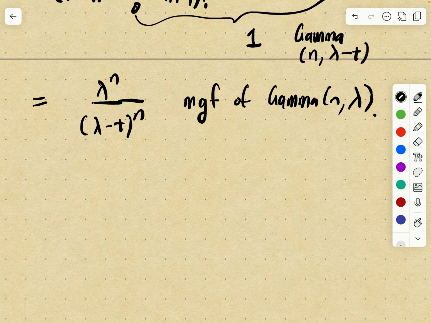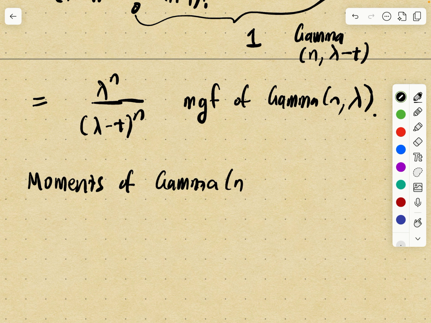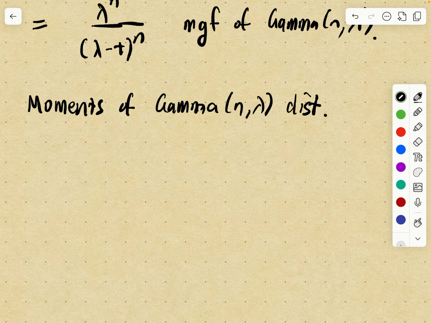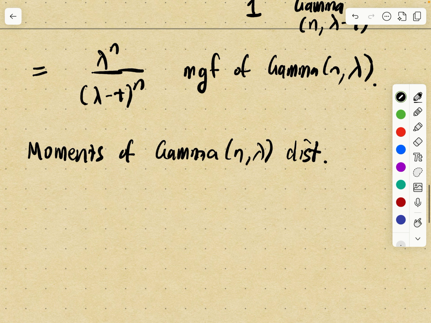Okay, now let's calculate the moments of the gamma distribution. Then we will get the moments of the exponential distribution by setting n equal to 1. Let's calculate the kth moment. We need to find the formula for the kth derivative of this guy.